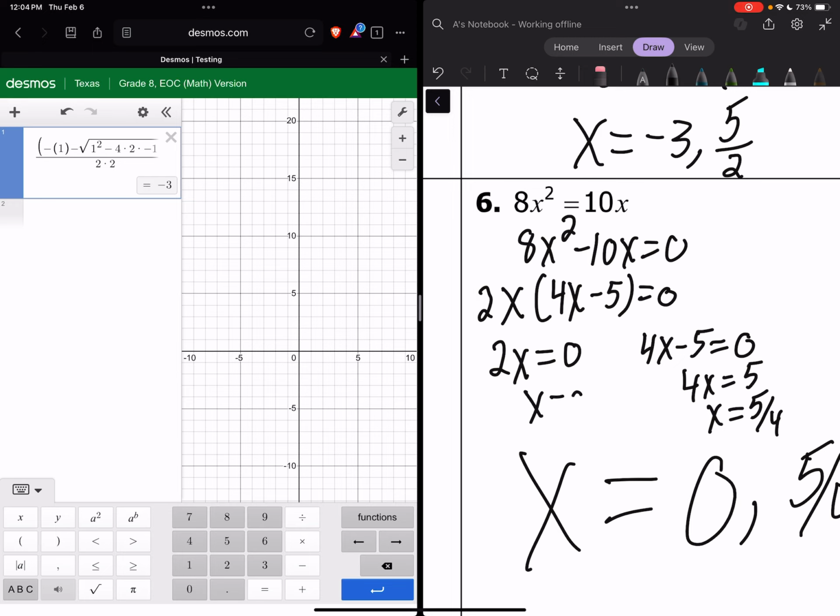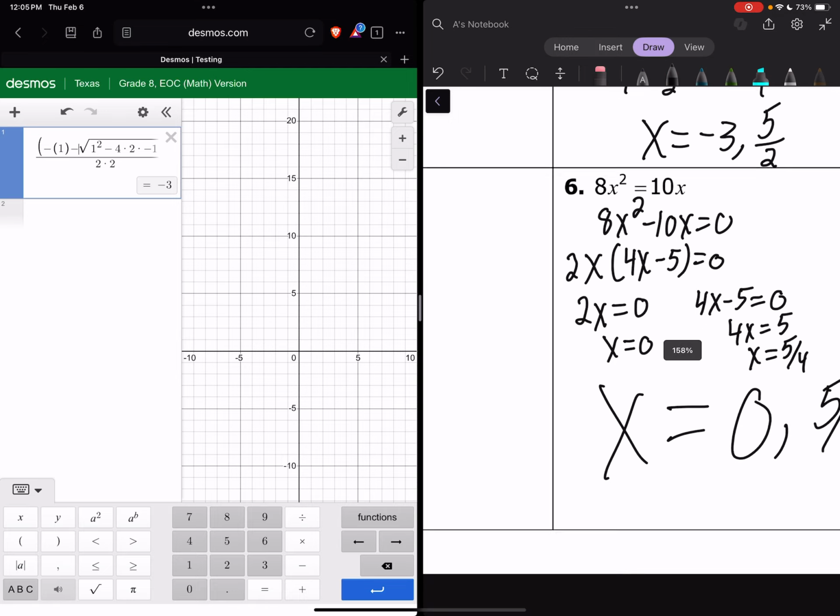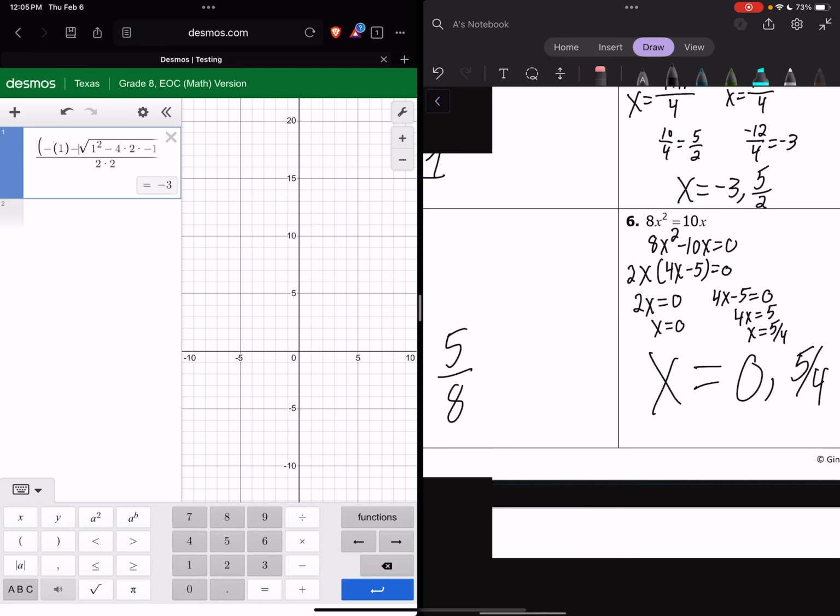And 2 times 0 is 0, so x equals 0. If you write out the entire quadratic formula on this problem, I'm sure you found that what I did just now is a whole lot faster. You do not always have to use the quadratic formula, but at the same time, it is helpful in some situations. Use your better judgment to determine when you need to use it or when you can just factor simply.